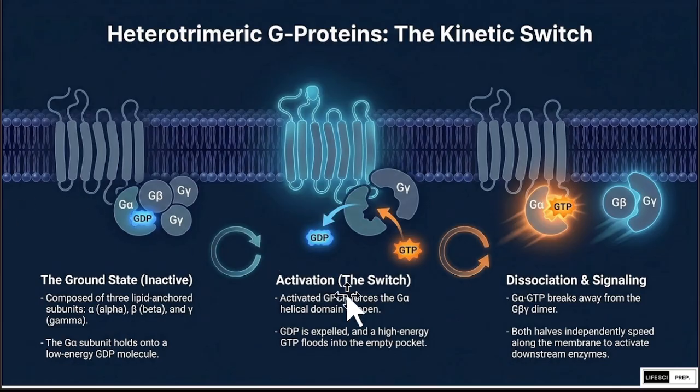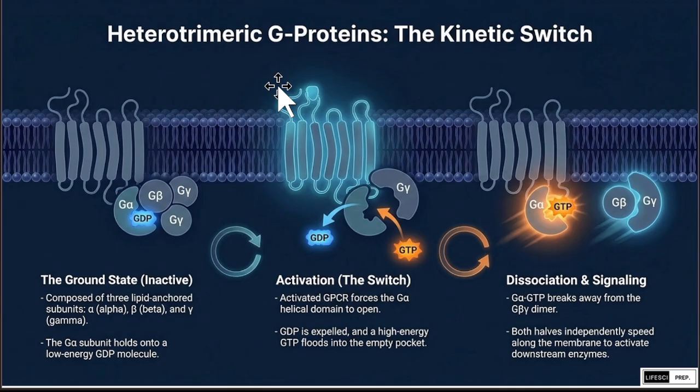So here is the mechanism of how the GPCR activates. In the seven transmembrane helices, G alpha, G beta, and G gamma are in the GDP form, that is the inactive form, or we can say the ground state.